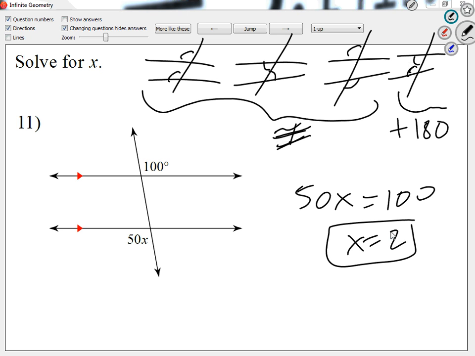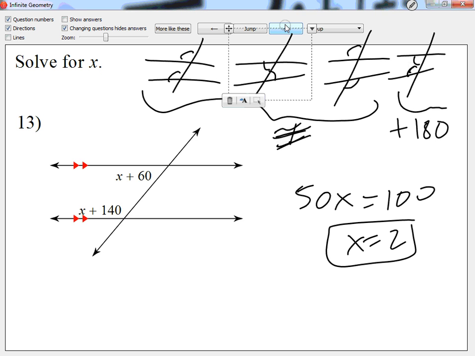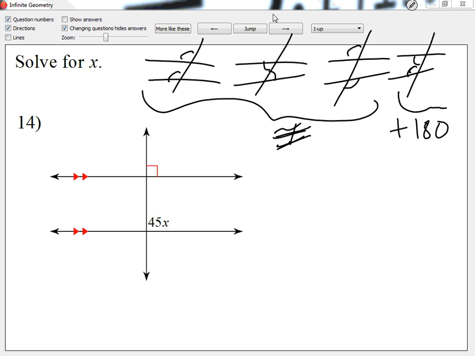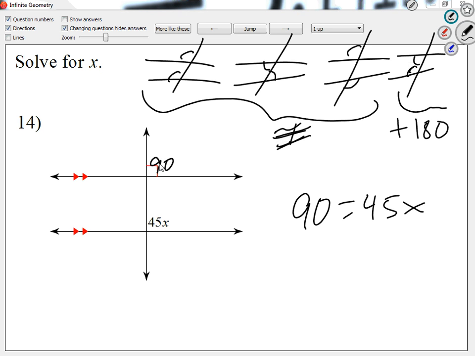Any questions up until 20? Yes. 14. Looking at 14, what type of relation is that? Corresponding. So I know for corresponding, I let them equal each other, so I'm going to write 90 equals 45x. Remember, the box represents 90. So 90 equals 45x.